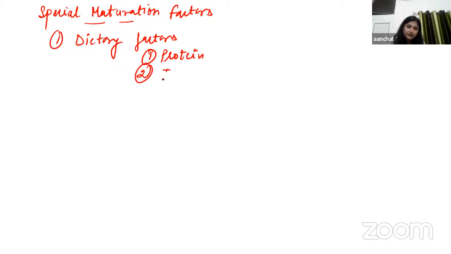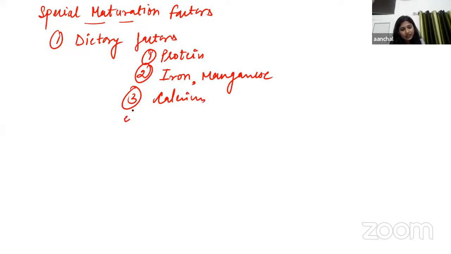In dietary factors, we have proteins, we have iron, then we have manganese, then calcium, and at the last we have vitamin C and vitamin B12.